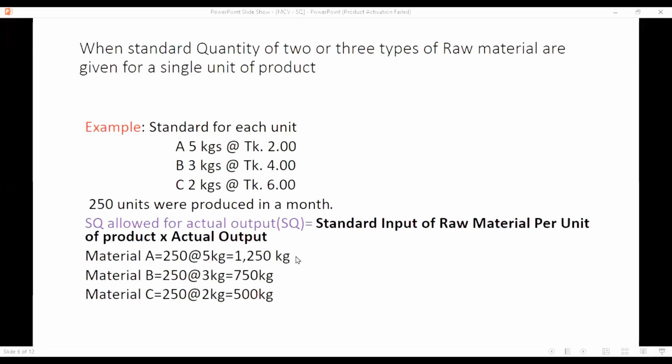That is material A 1250 kg, material B 750 kg, and material C 500 kg. This is a straightforward formula: the standard input and actual output. Standard input is given for each unit of product.